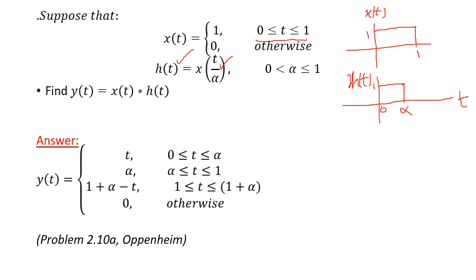So you understand why this is compressed, right? Because alpha is less than 1, and it is basically 1 by alpha times scaling, so 1 by alpha will be greater than 1, so the resulting signal will be compressed.